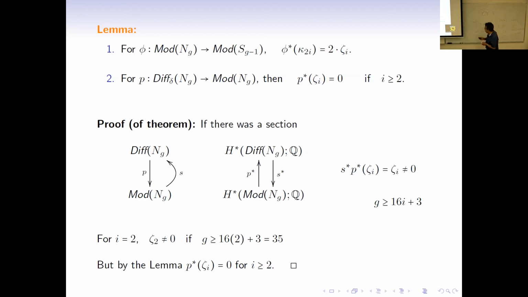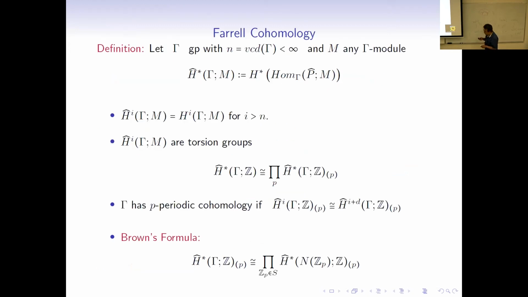All right, that's it for the non-existence of the section. And let me talk about cohomology of these groups. So all these mapping class groups have finite virtual cohomological dimension, which means that they contain a torsion-free subgroup of finite index.